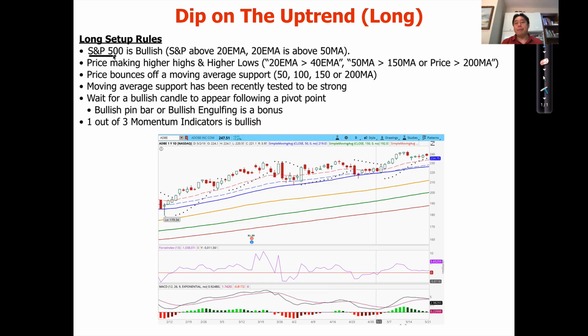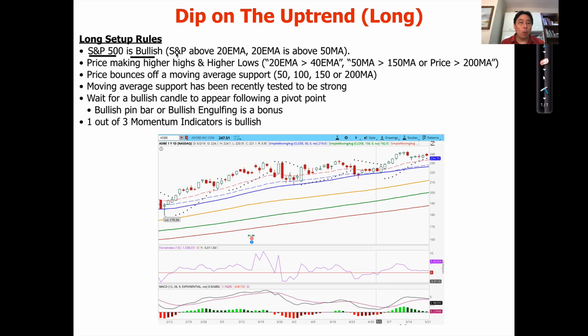So when the S&P 500 is bullish, you find that most stocks tend to go up. So it makes sense to go long when the S&P 500 is bullish. So there's a high likelihood that whatever stock you trade, the chance of going up is a lot higher. So we want the S&P to be bullish when we are taking long trades.